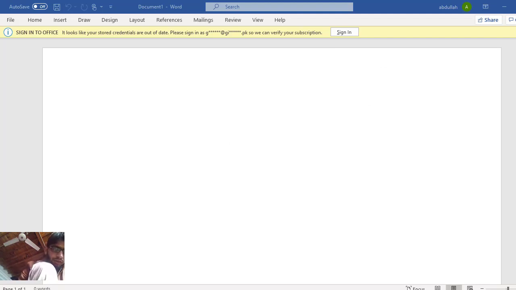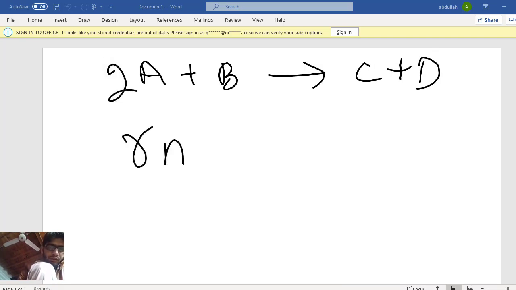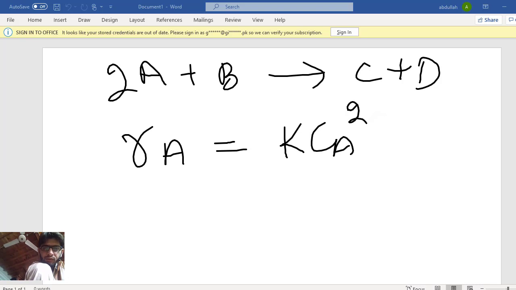Suppose we have a reaction in which 2A plus B is converted into C plus D. Suppose the rate law of this reaction is K, and suppose this is an elementary reaction, so Ca2 Cb1.